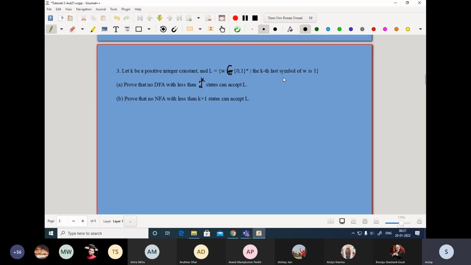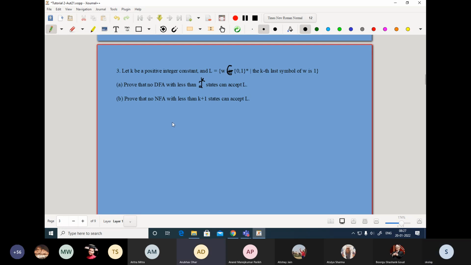We saw the example in terms of the fifth last element. The question was, prove that no DFA with less than 2^k states can accept L. I've added another part: no NFA with less than k+1 states can accept L. So how will you prove it?